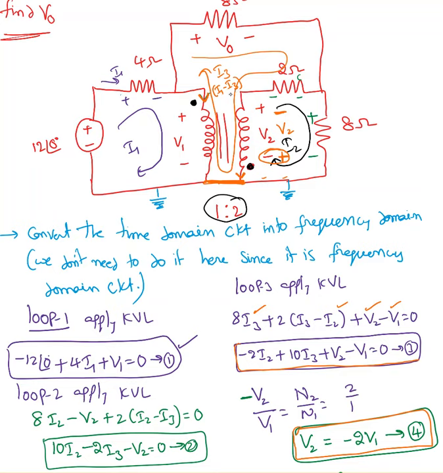I cannot change this current direction because when I'm writing the voltage equation, I used that current direction, so I have to stick to that. Now on the secondary side, it's up to you. You can choose the current direction, but I'm going to choose the current going down. So here this value must be I3 minus I2.